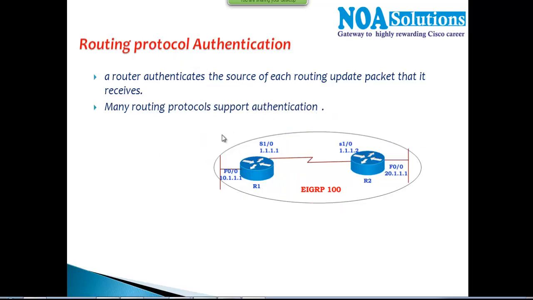Take an example: by default, if I'm running EIGRP, it is going to send a hello message on this interface, and also on the LAN interface, because we are going to advertise with a network command. When it is sending hello messages, you can connect any device, maybe a router or any other device.